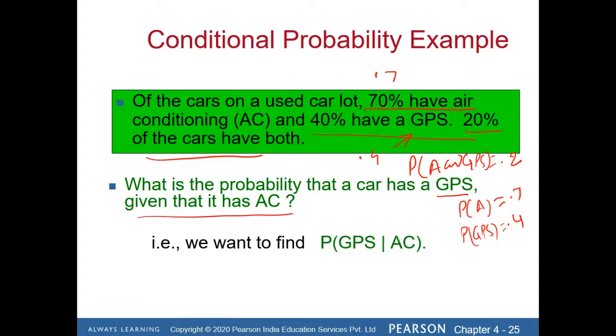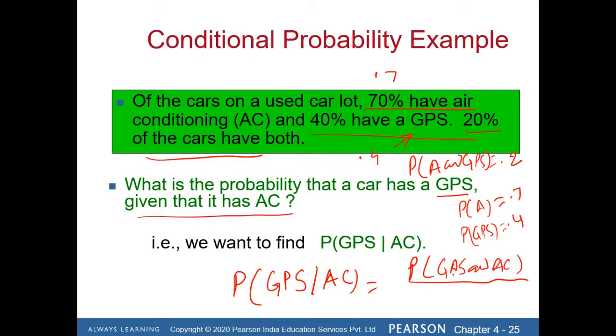You want the conditional probability that a car has a GPS, given the condition that it has an AC. So what would be the formula? Probability of GPS and AC, divided by what? Given that it has AC, you have to divide by the probability of AC. Am I right?